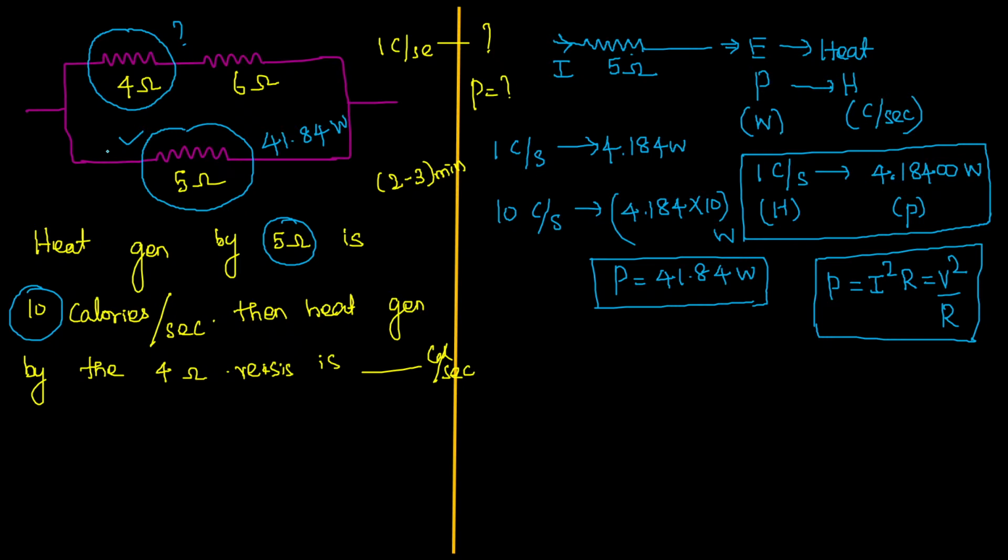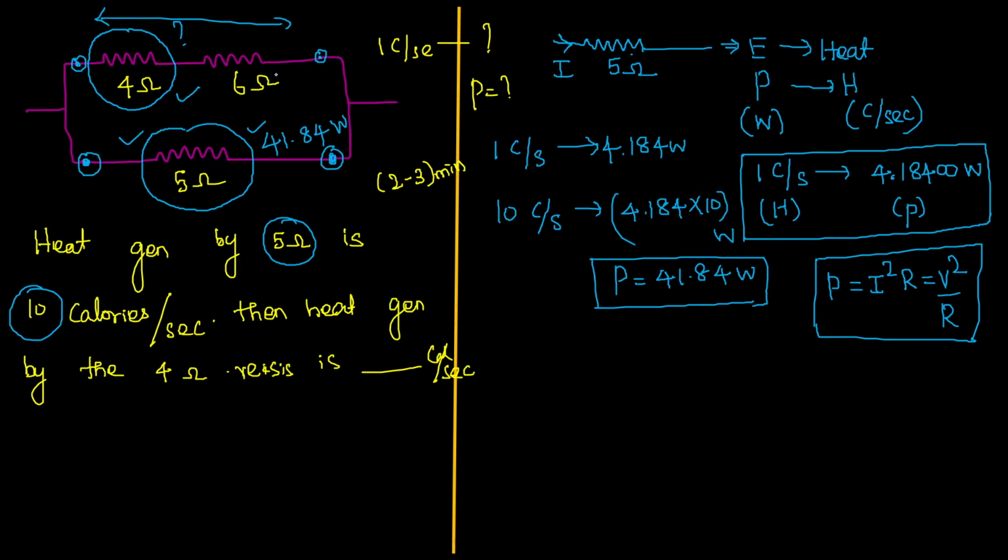So suppose I find the voltage between these two junctions. The same voltage will be reflected between these two nodes also. Why? If you observe the circuit carefully, this 5 ohm resistor is connected in parallel with the second branch.